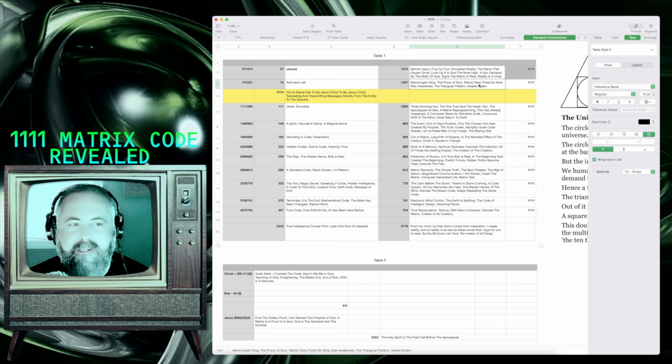But then look at this. We get Nikola Tesla 369. Now, what are the chances that we would get Nikola Tesla 369? That his name completely spelled out and then the numbers 369. And it keeps going back to that.